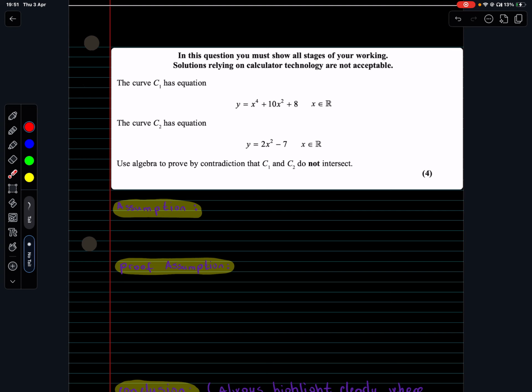So here is the thing: if you are ever asked to prove something by contradiction, you have to remember to give a clear assumption. That assumption is going to contradict what they say. They say these two curves do not intersect, so we're going to say, assume they do.